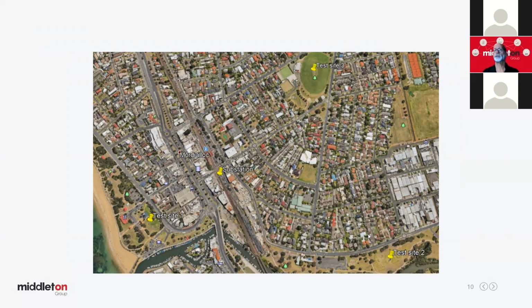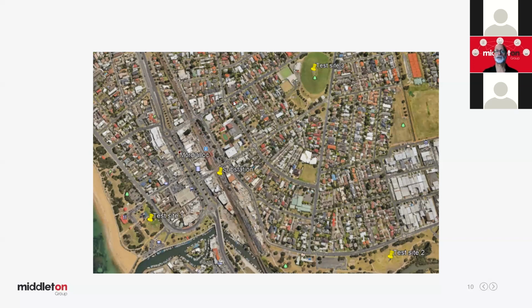And when we looked at the three results, we found that there was a rock shelf about 4 metres underneath all of these sites, and it was 250, 300 k-ohm metres. So a very, very high resistivity rock shelf.